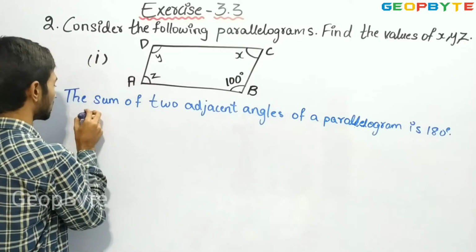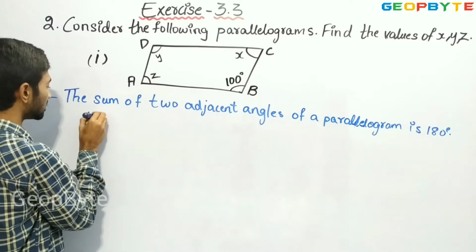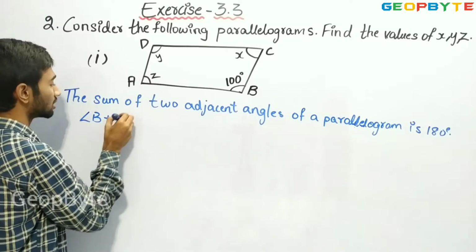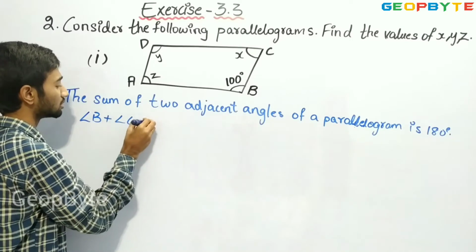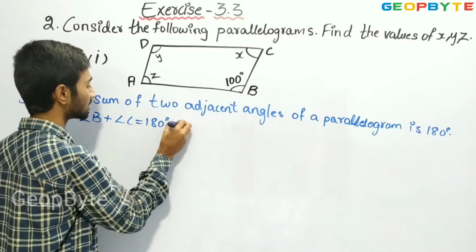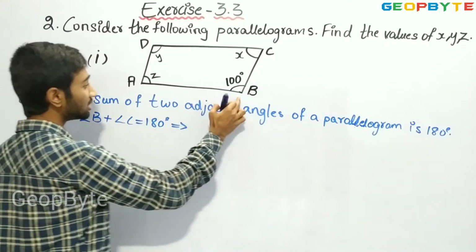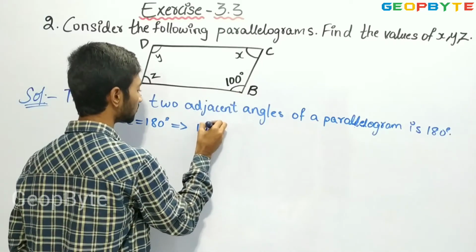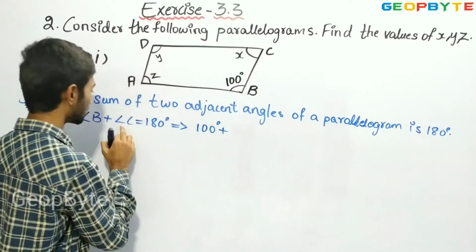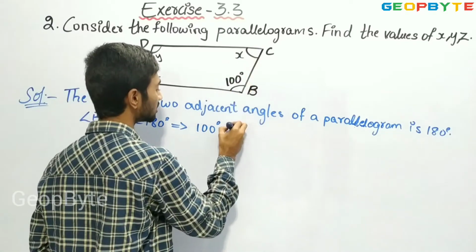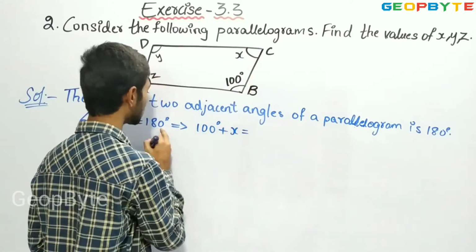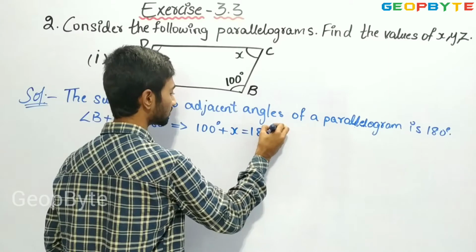That means angle B plus angle C is equal to 180 degrees. That implies angle B equal to 100 degrees plus angle C. Here angle C is x, that equals 180 degrees.